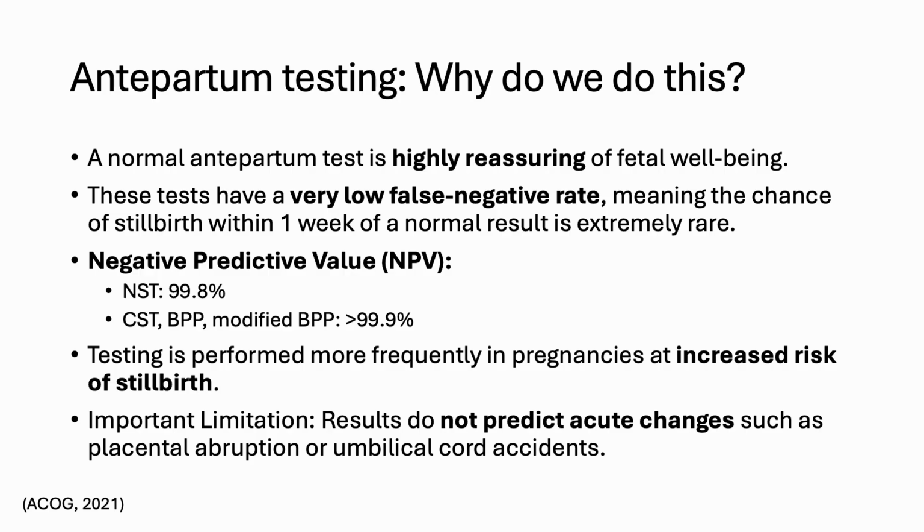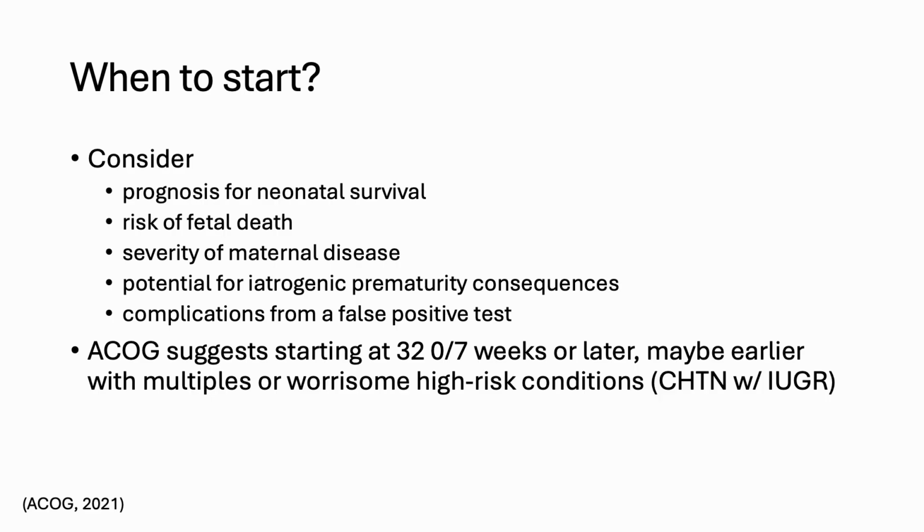But if they're obese, plus they have chronic high blood pressure, plus they have diabetes, then they would likely want to do it several times a week, usually about twice a week. So it's important to know why we are doing those tests, but also to remember that this doesn't prevent or predict acute adverse changes like a placental abruption or a cord accident.